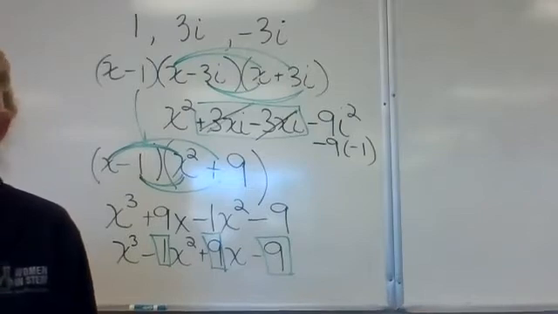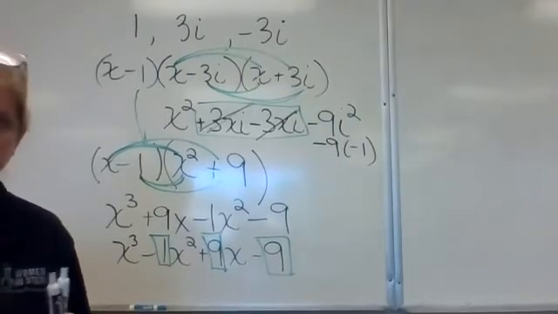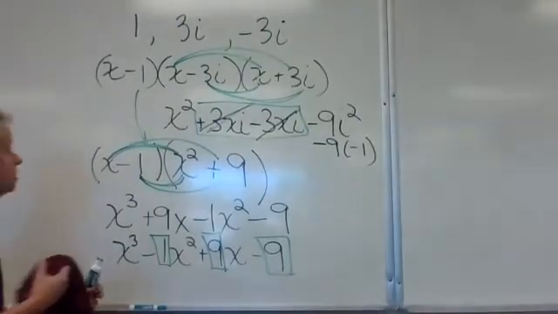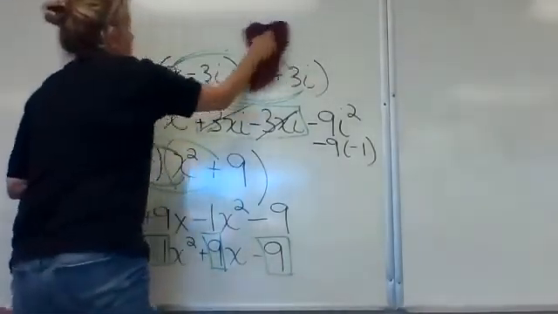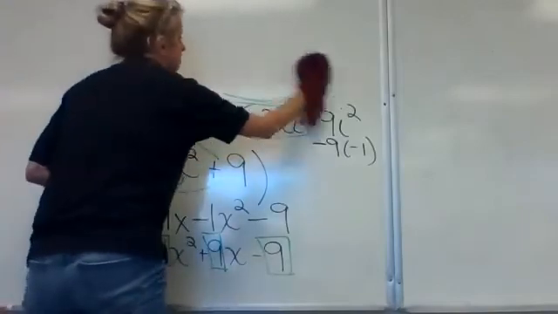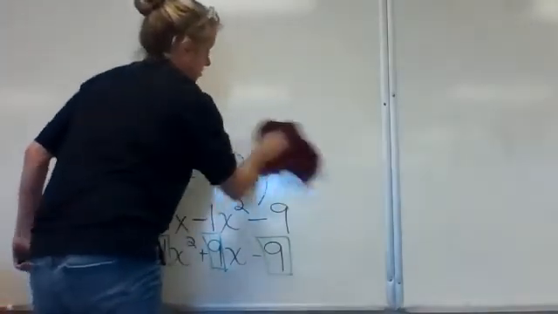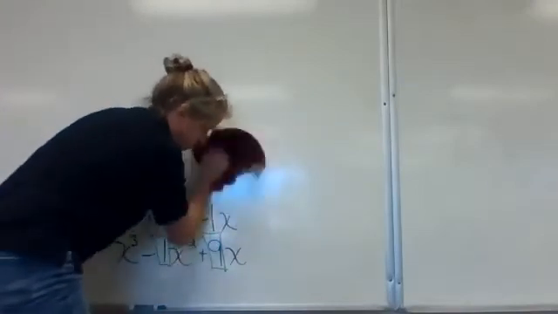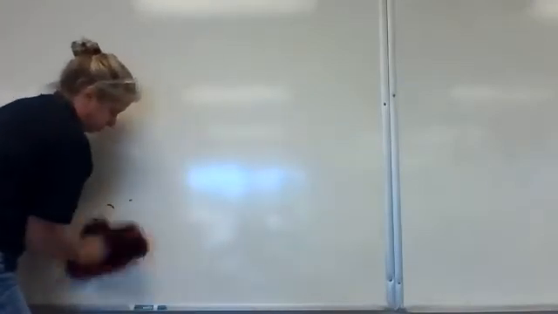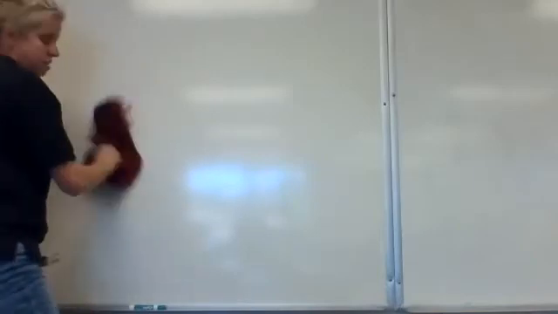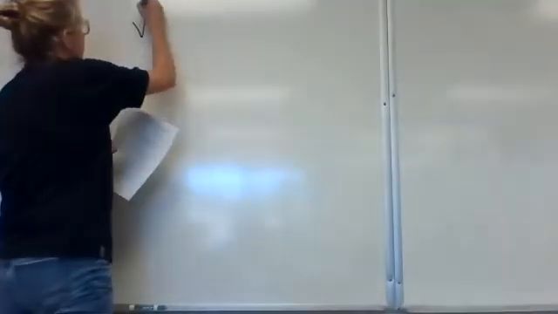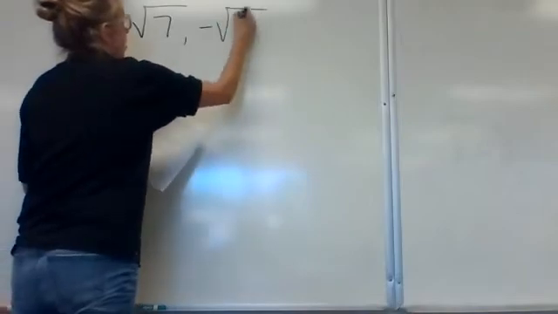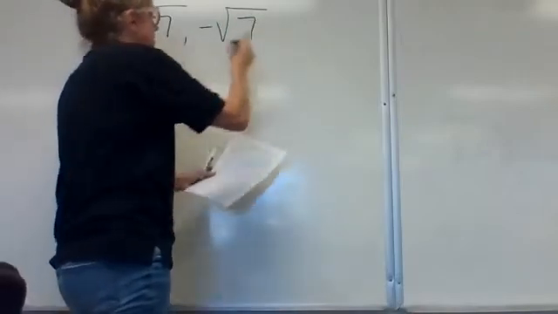Okay? Number 3. All right, number 3, my zeros are square root of 7, -square root of 7, and 5.